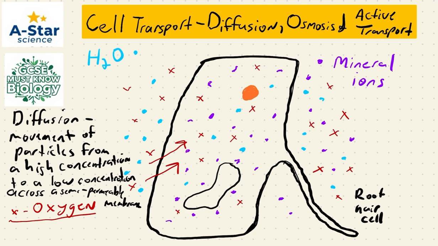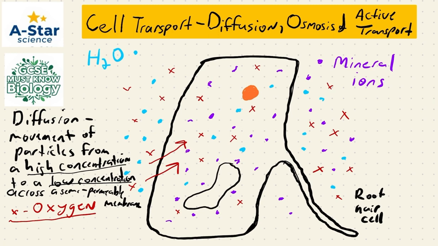So that's what diffusion is. They would diffuse into the cell from a high concentration to a low concentration across a semi-permeable membrane. This is going along a concentration gradient. You can also hear it talked about that way. The concentration gradient means high to low. It's going with a concentration gradient.